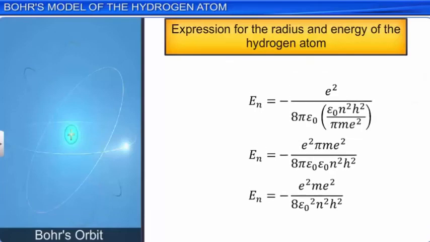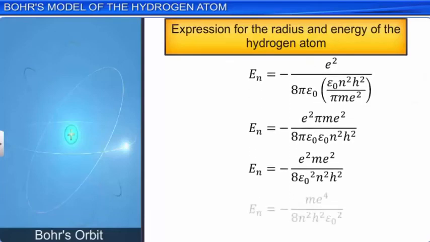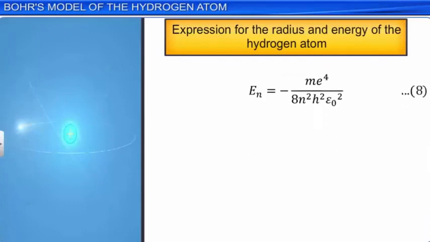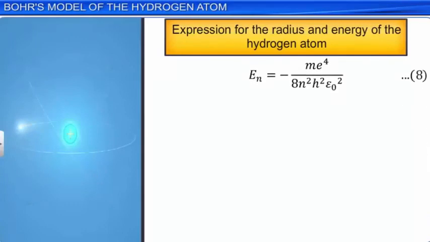Let this be equation 8. Substituting the values of m, e, epsilon naught, h, and simplifying, we get En is equal to minus 13.6 by n square electron volt. Let this be equation 9.